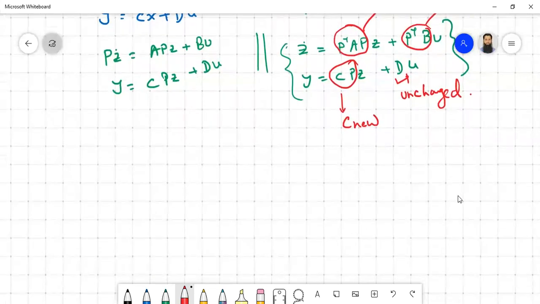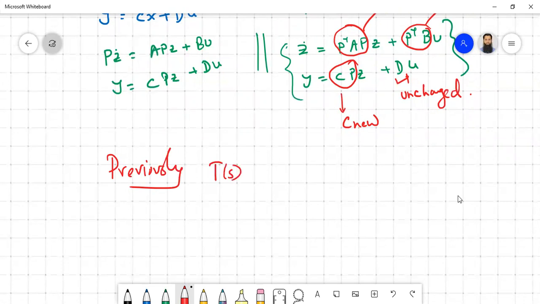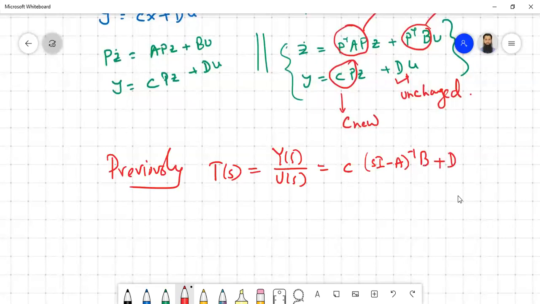Previously, we saw that the transfer function T(s) equals Y(s) by U(s), output by input, was C (sI minus A) inverse B plus D.